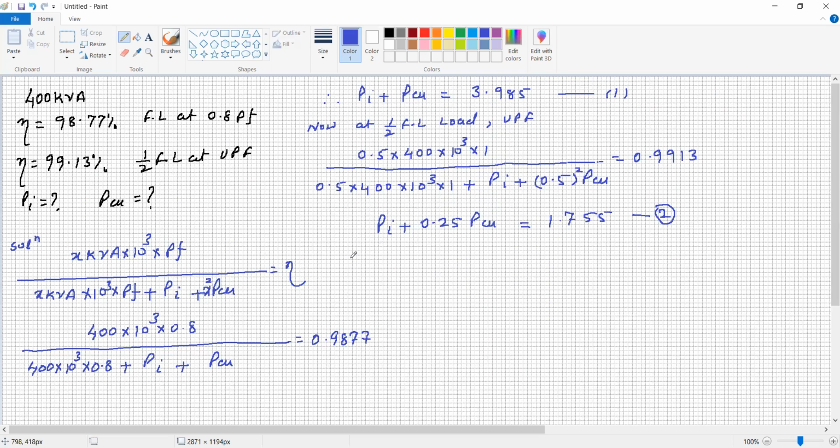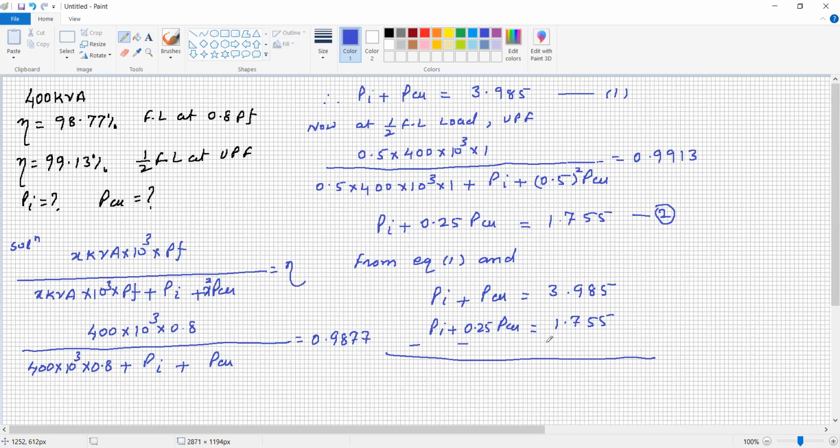Now from equation 1 and 2, you can write Pi plus PCU is equal to 3.985, and Pi plus 0.25 PCU is equal to 1.755.